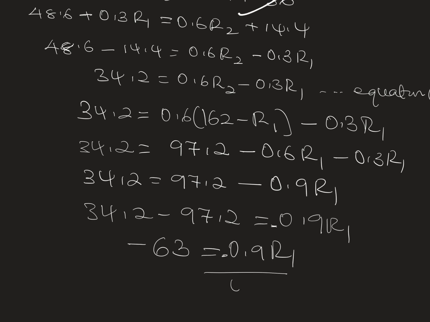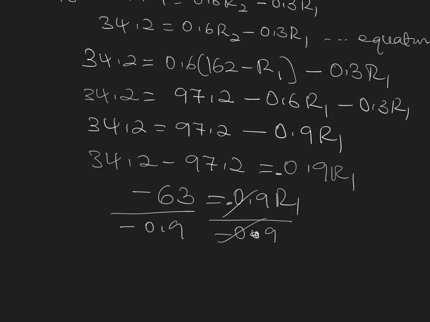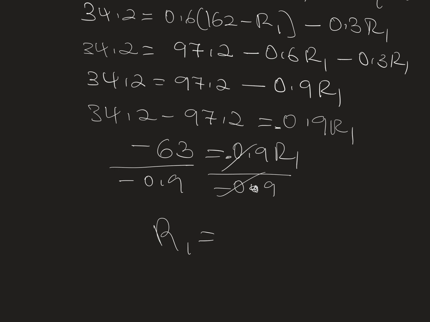If I divide both sides by minus 0.9, I will have R1 as 63 divided by 0.9. R1 will be 70 newtons.